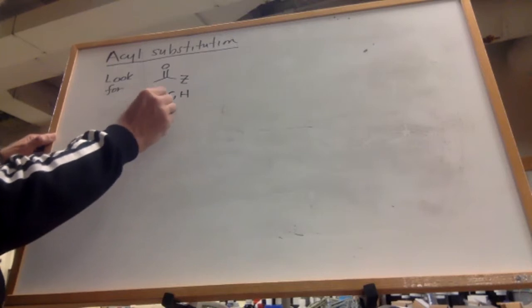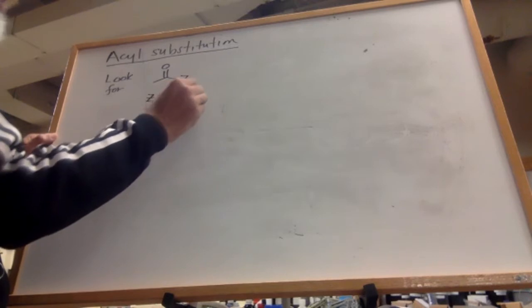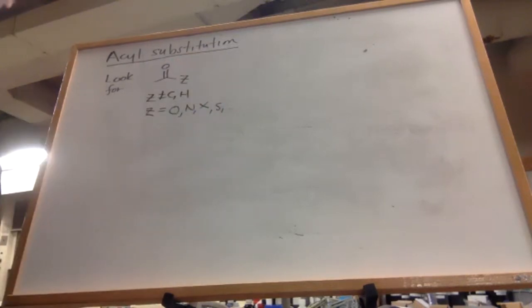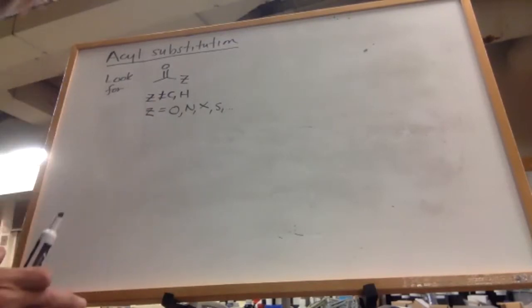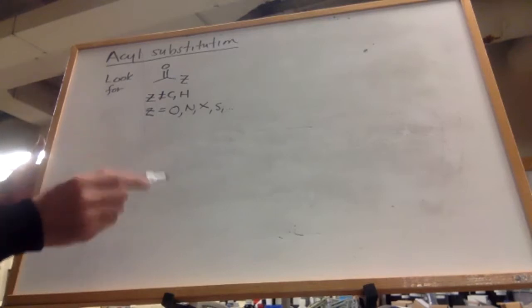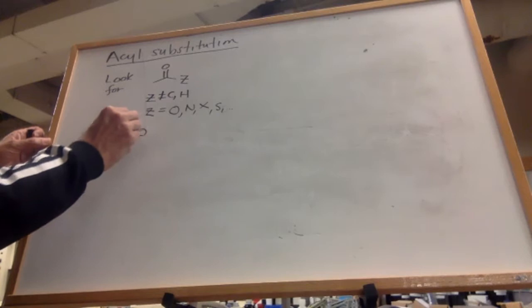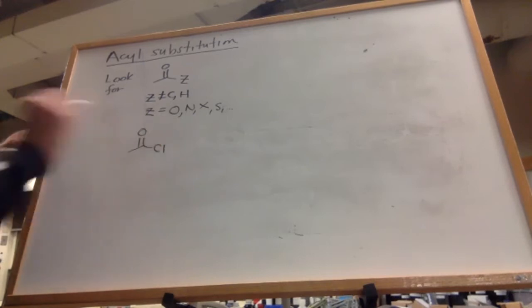So what could it be? It could be oxygen, it could be nitrogen, it could be halogen, it could be sulfur, it could be a lot of stuff, just not carbon and hydrogen. Okay, specific examples: here's a carbonyl carbon that is bonded to Cl.